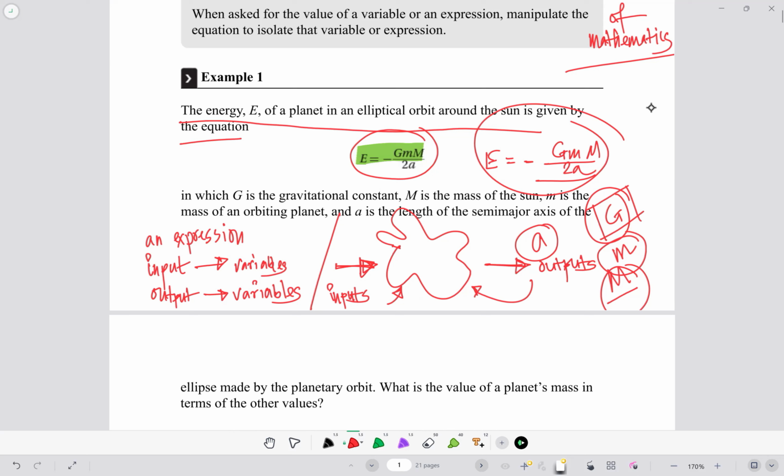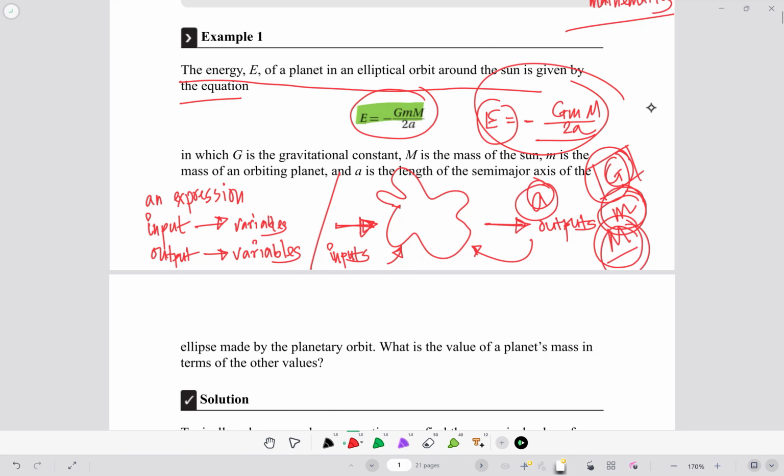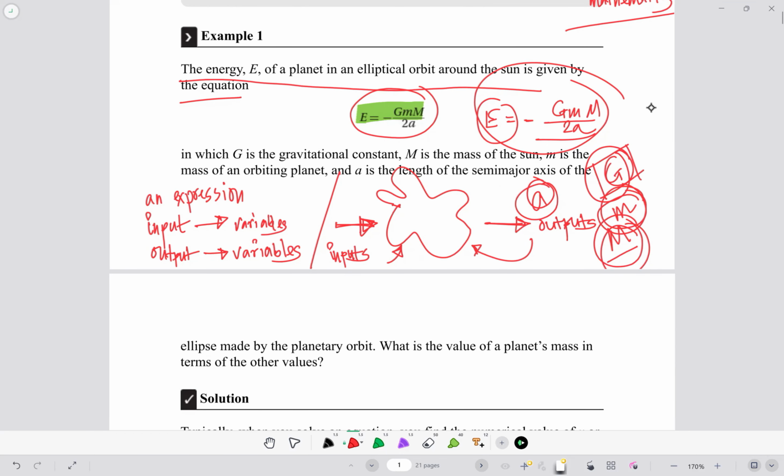So all of them are inputs: A, G, m, and capital M. And we get an output which is capital E. This is how it looks to model any particular problem or situation in terms of variables. We get some outputs by putting in some inputs. As simple as that.